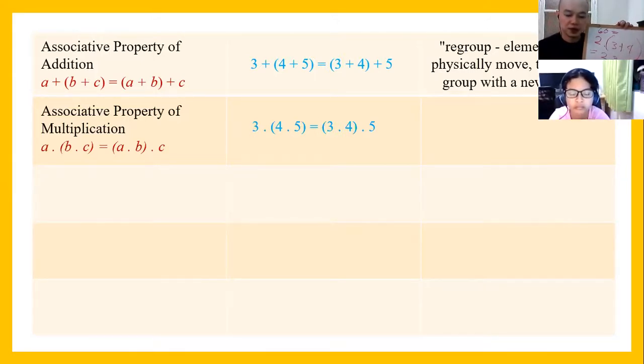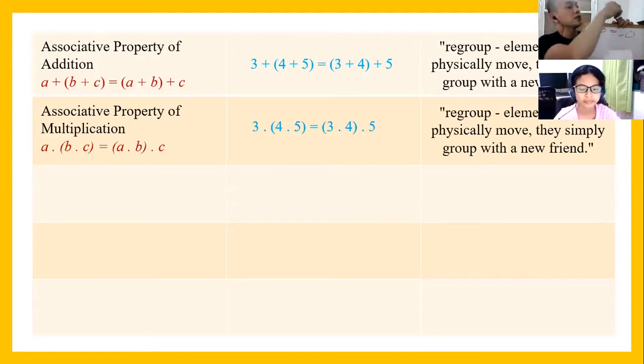What is 12 times 5? You can use a calculator. Yeah, so you see the same value. 60 is equal to 60. So that is associative property of multiplication.